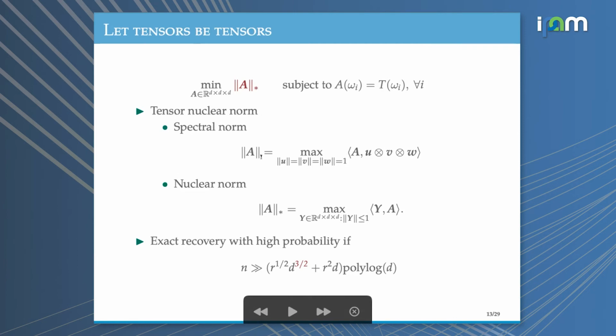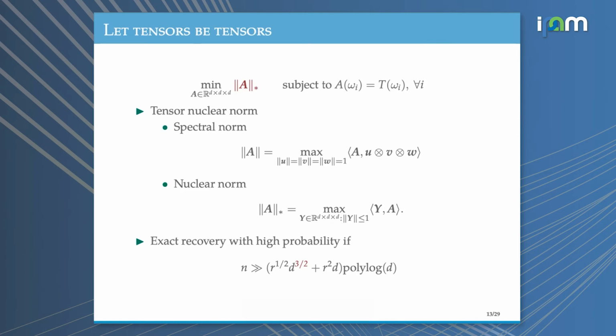And once we define the spectral norm, we can define the nuclear norm as its dual norm. So what we're going to do is exactly like what we did with the matrices. We're going to look over all the tensors that agree with my partial observations, and try to find the one with the smallest nuclear norm.